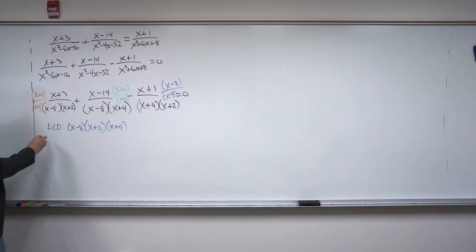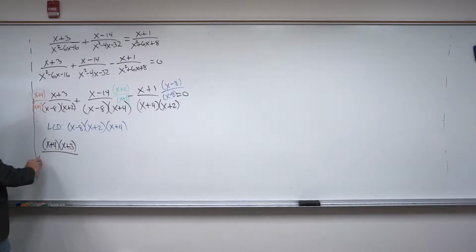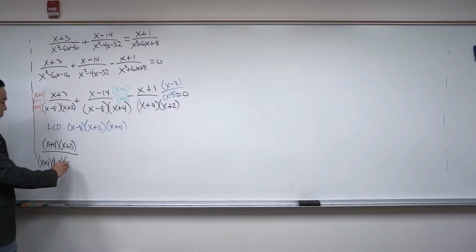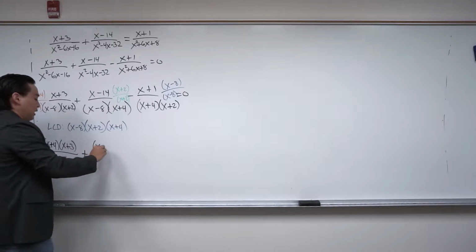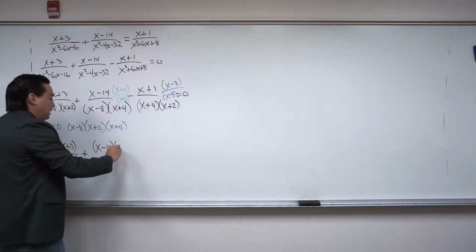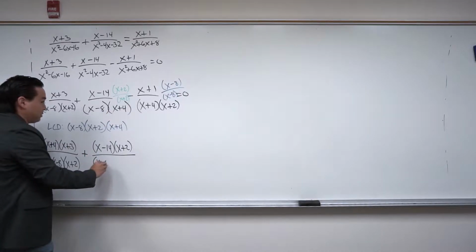So this part over here is going to be x plus 4, x plus 3. The denominator is that entire multiplication. This one is going to be plus x minus 14, x plus 2, and then the denominator again is that entire multiplication.